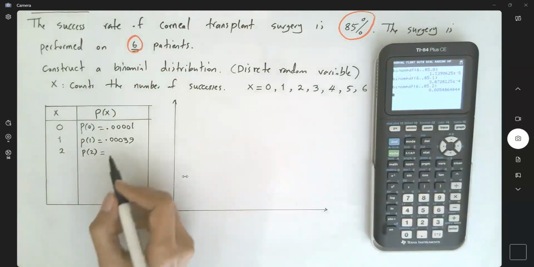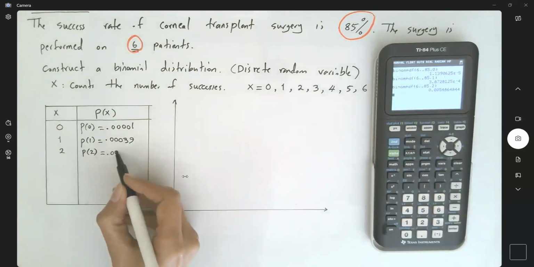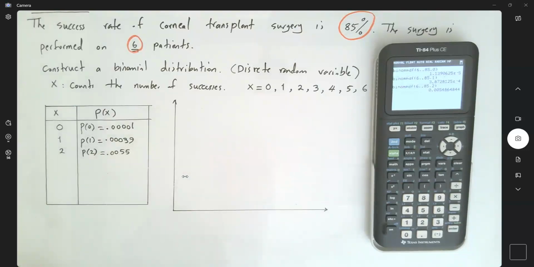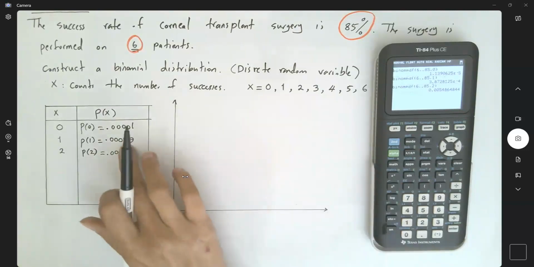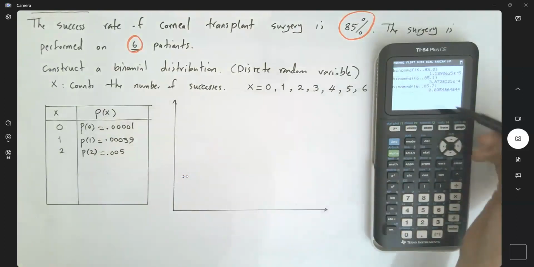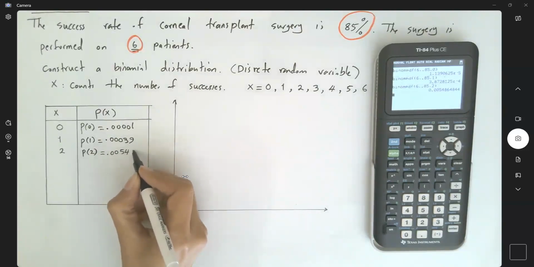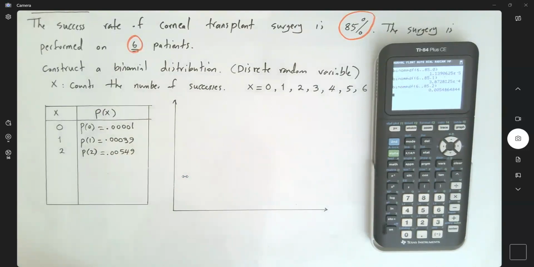So you have 0.0055. Or you can just leave it as the same number of decimals as you see here, but in that case, it's going to be 0.00549.